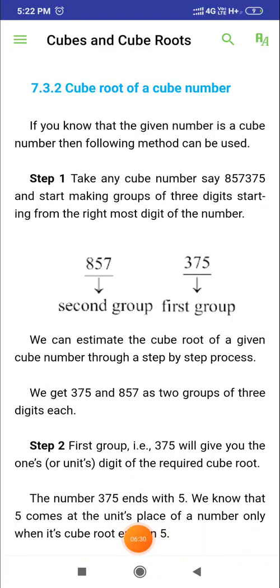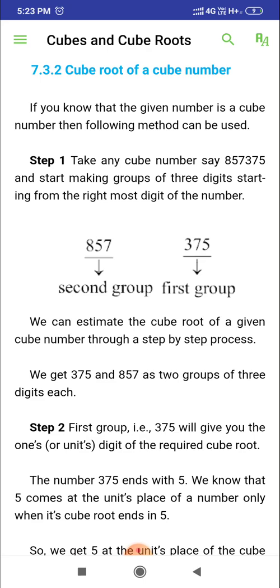Move to our second method, the estimation method. Certain steps are involved in this method, and we will learn this method step by step. Suppose we have to find the cube root of the number 857375. In the first step we take this number and make groups of 3 digits starting from the right side.